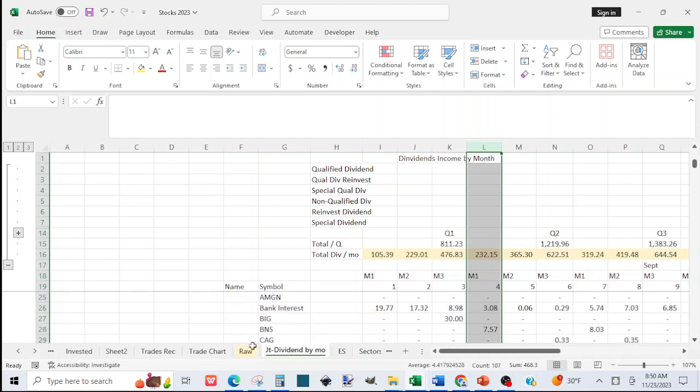And once you have a good representation of the sectors in your portfolio, you can just keep reinvesting in those stocks that you already have in your portfolio every month. You just look to see which one is on the low side and you just invest in them.